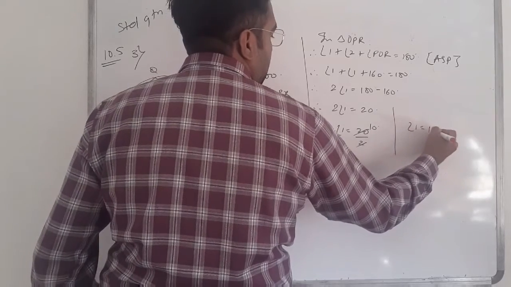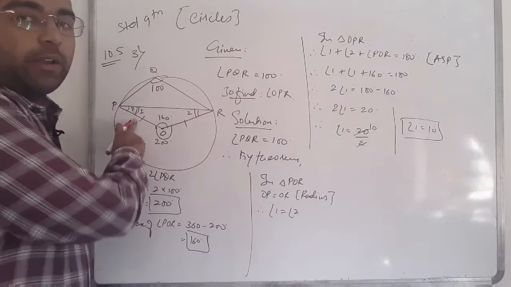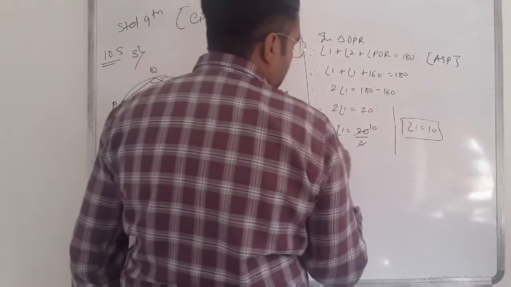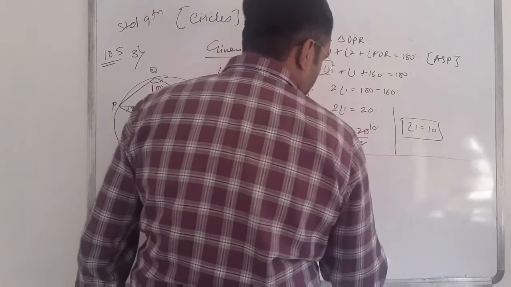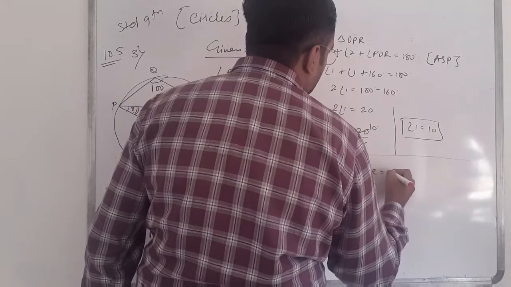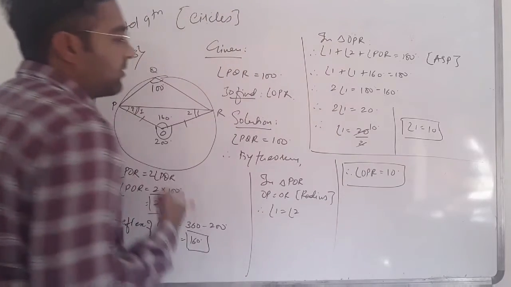Now angle 1 is denoted as angle OPR. Therefore angle OPR is equal to 10 degree. This is your final answer.